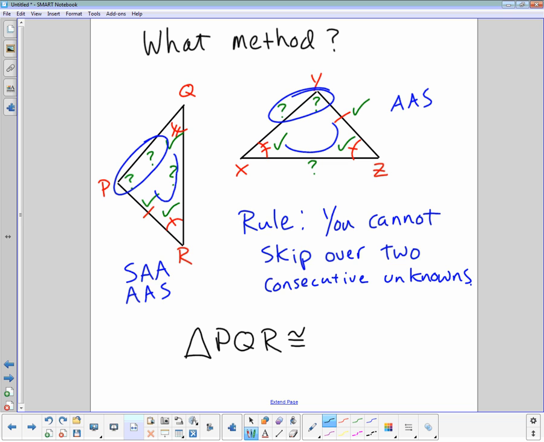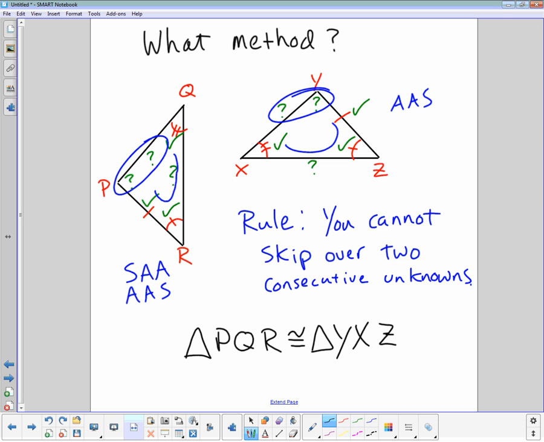Y. P goes to Y. Q goes to who? Q goes to X. And R goes to Z. They don't have to be pointed the same way. They don't have to look alike, and they most often won't.